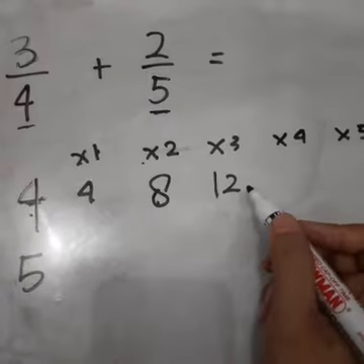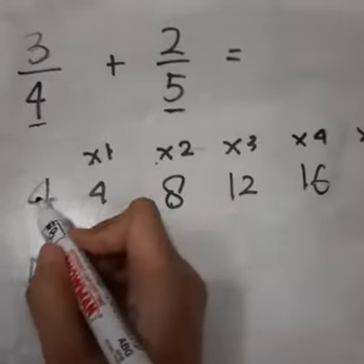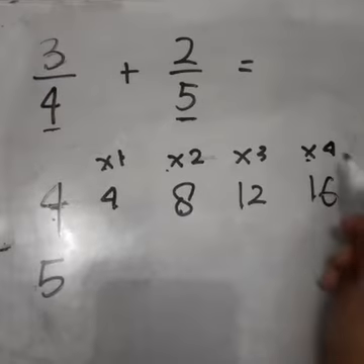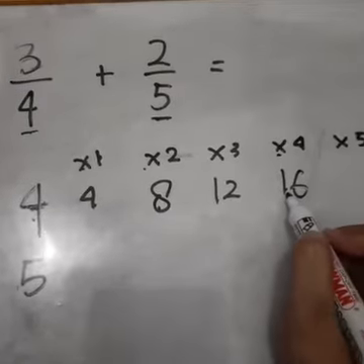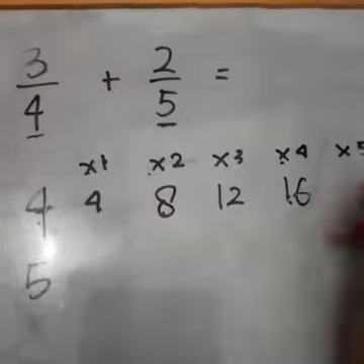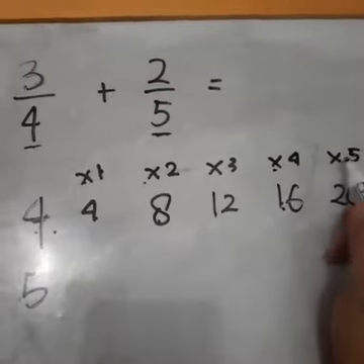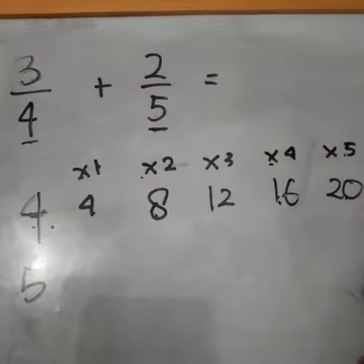The fourth multiple of 4 is 16. 4 times 4 is 16. And the fifth multiple of 4 is 20. 4 times 5 is 20.